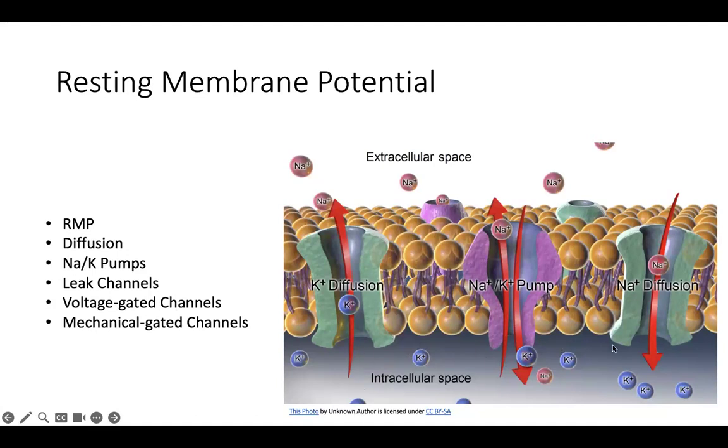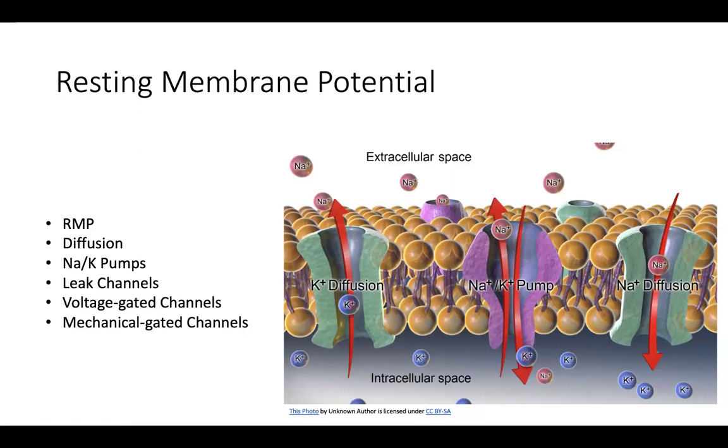The reason that this intracellular cellular membrane has a mildly negative charge comes from three reasons. First off being there's a group of larger molecules that are negatively charged inside the cell that are, for lack of better terms, stuck inside there and can't get out. So that causes just a mild negative membrane potential.